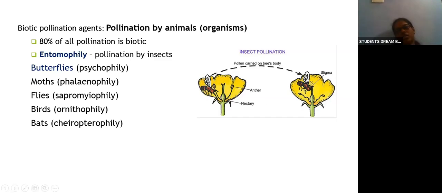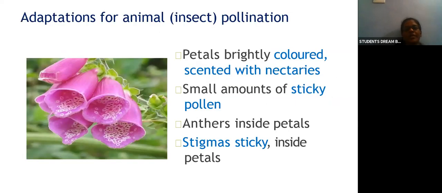Okay, so this is how the bees will transfer the pollens from one flower to another. Next is how insect pollination works, the adaptations for insect pollination. Since the petals are brightly colored and scented with nectar and a small amount of sticky substance, these insects will approach these brightly colored, scented flowers with nectar.